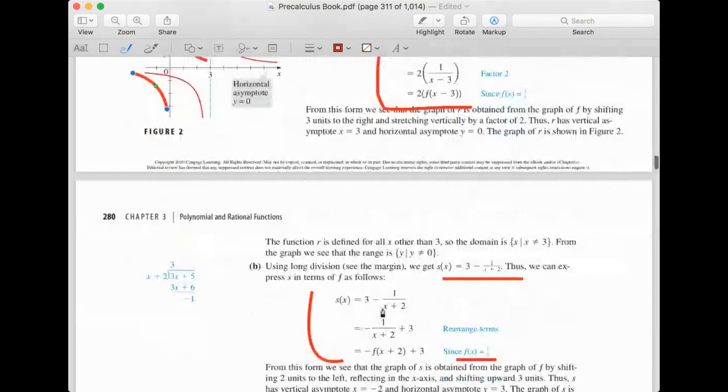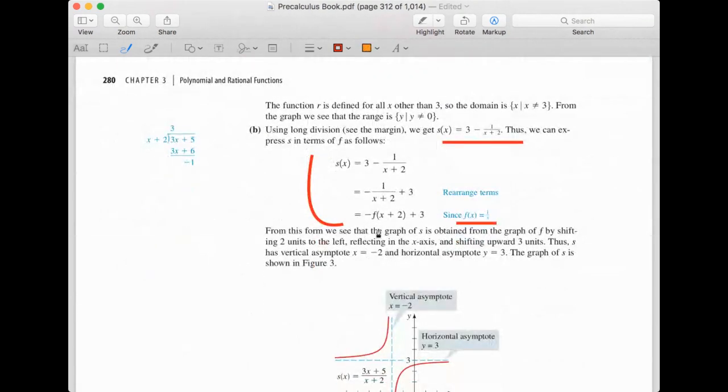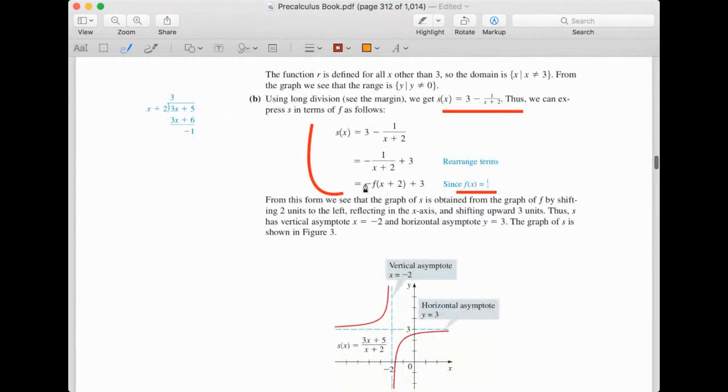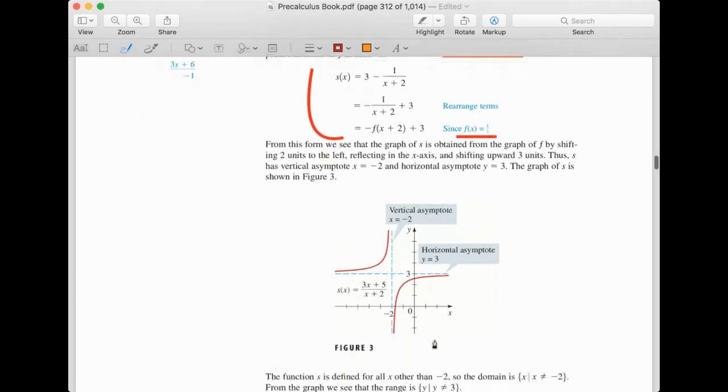What about s of x? S of x first is a reflection because we have negative f. We have a reflection and the x value is being pushed to the left because this is plus. So before we have 1 over x, we have here.